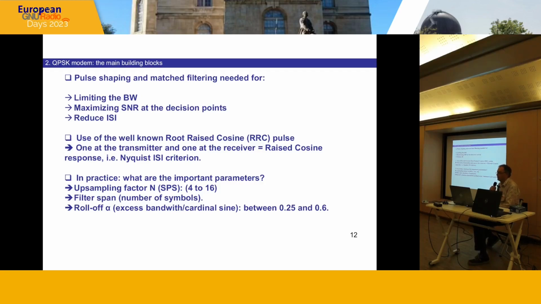Another thing you have to be careful about is, you want to reduce the bandwidth, but if you go too low with this roll-off factor, you'll have problems with synchronization, because studies have shown that ideally you should have a value greater than 0.35 if you don't want to have problems with the synchronization.